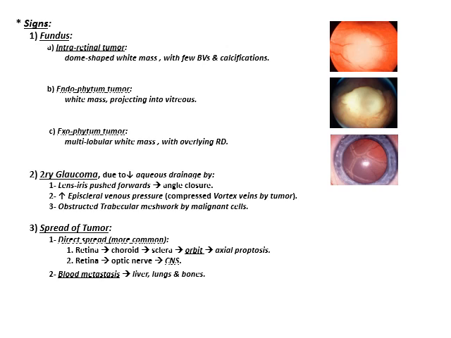Proliferation of malignant cells in the orbit pushes the eyeball forward, leading to axial proptosis. Or the tumor in the retina spreads through the optic nerve to the CNS. The blood metastasis is to the liver, lungs, and bones.